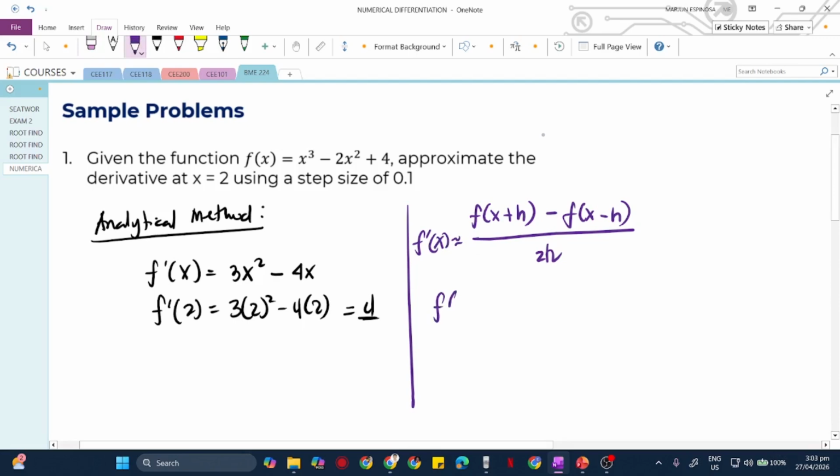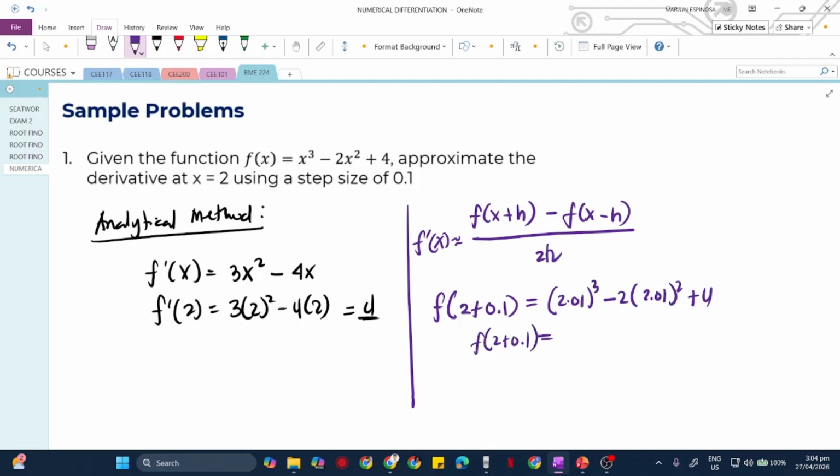So, madali lang yan, no? First, we need to evaluate yung x natin is 2 plus yung step size 0.1. So, we will be evaluating the function at 2.1. So, that will become 2.1 cubed minus 2 times 2.1 squared plus 4. Okay, give me the value of our f of 2 plus 0.1. Ito, guys.